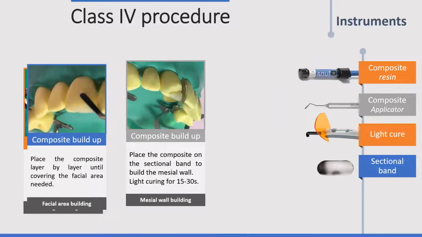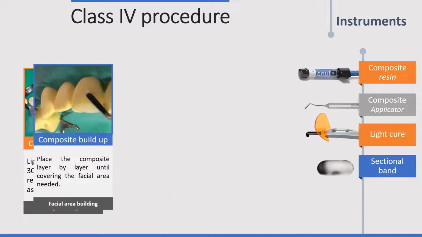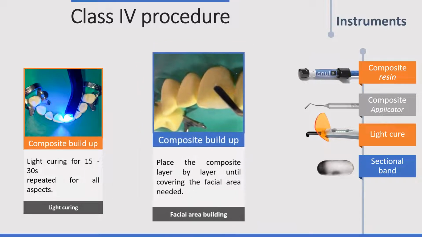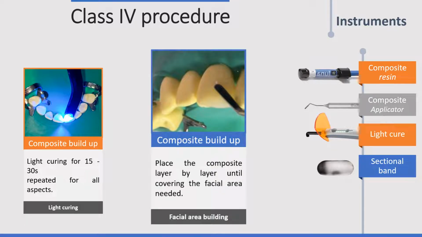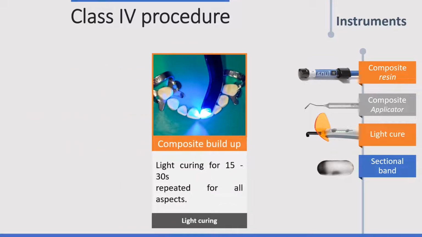Then place the sectional band to isolate the neighboring tooth and build the mesial aspect, then light cure it too for 15 to 30 seconds. After that, build the facial aspect of the tooth by applying a layer of composite, then cure it too. But take into consideration that light cure is done for all aspects for 15 to 30 seconds.